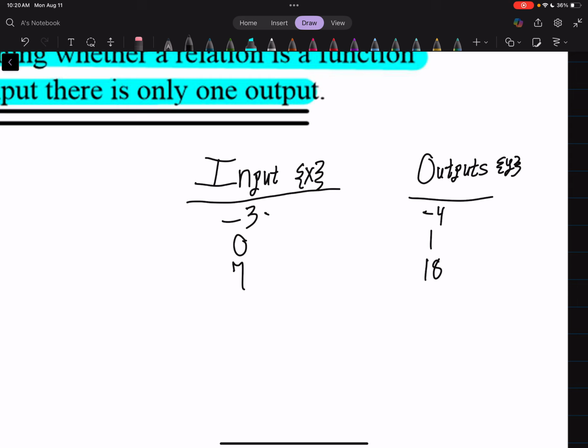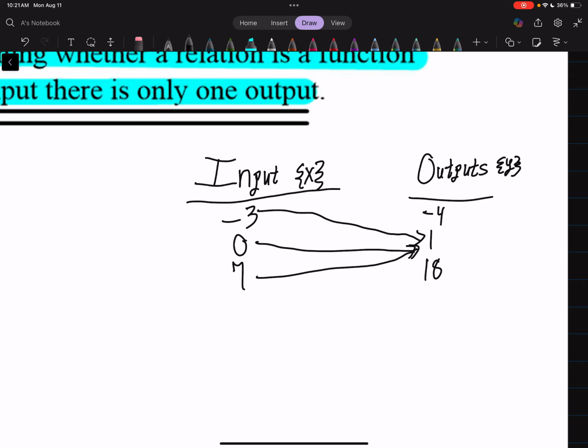So for example, I can have -3 goes to 18, 7 goes to 1, 0 goes to -4. That is a function. I can also have something like -3 goes to 1, 0 goes to 1, and 7 goes to 1.